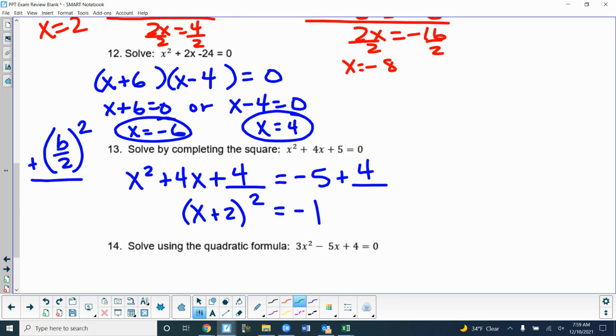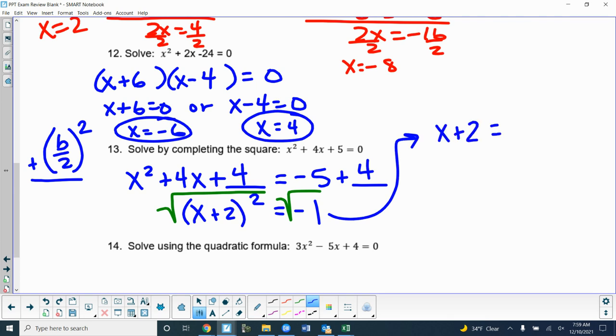So what's the square root of x plus 2 squared? X plus 2, right? And we all know the square root of negative 1 is what? I. What symbol do I have to remember for this? Plus or minus. At that step, you're supposed to remember that plus or minus.